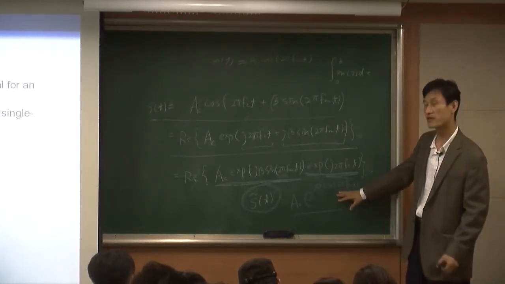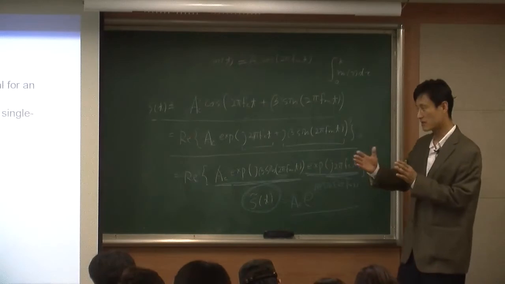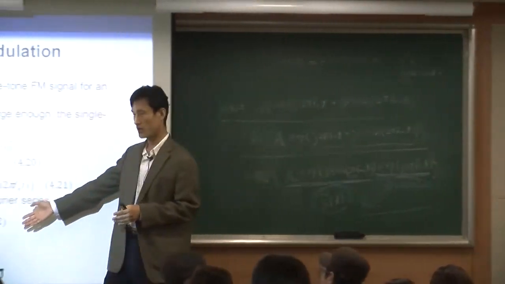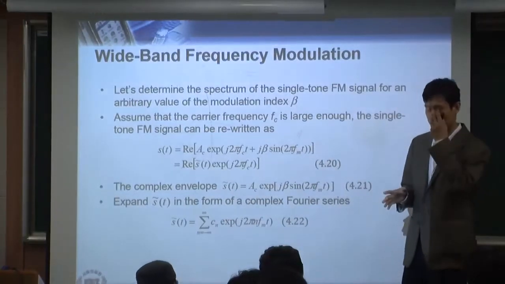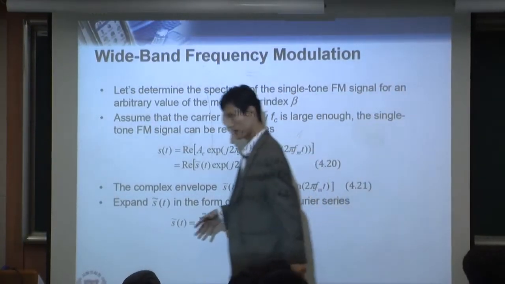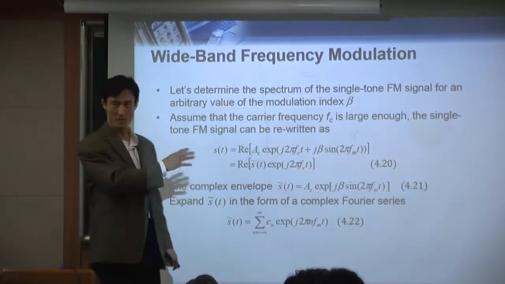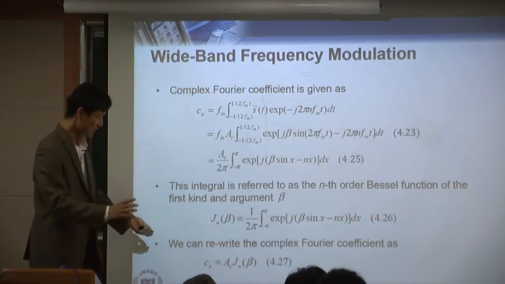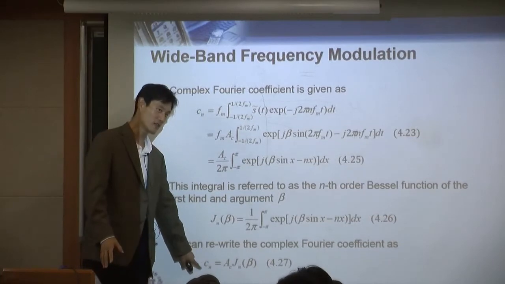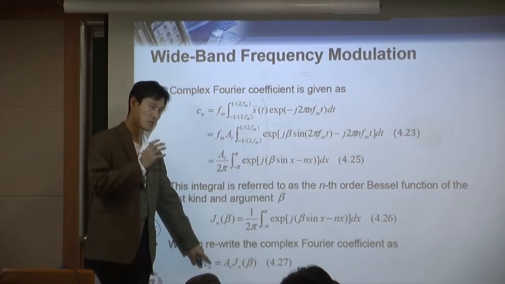That's why we expand it this way, and the coefficient here is from the Fourier series. I know that this is not easy, but let me explain with the next slide, then it's probably easier to understand. So eventually you get this: the Cn, the Fourier series coefficient, is going to be the Bessel function.